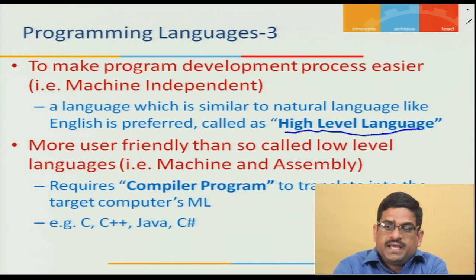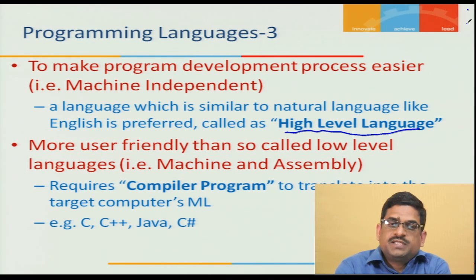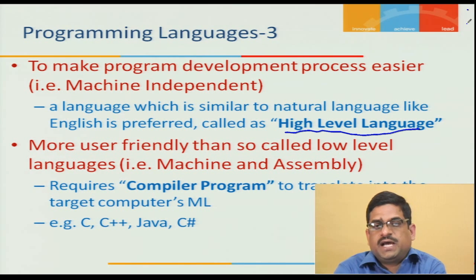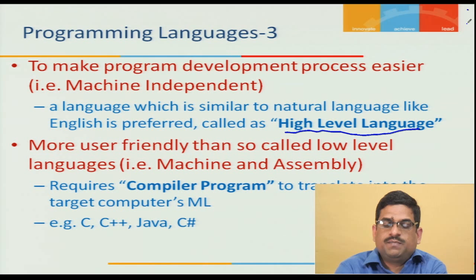Because the machine can understand only machine language, here also you need an intermediate program that works between the program you have written in a high level language and the machine language program.